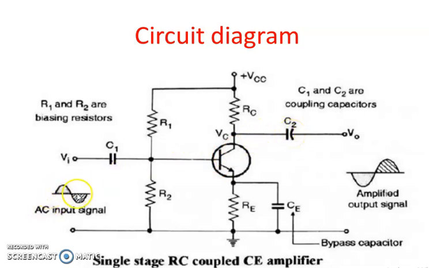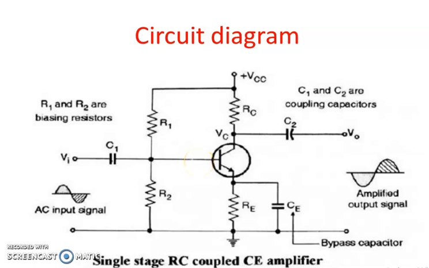As the input voltage varies, the input current will also vary proportionally, and since it is common emitter configuration, the output current IC is equal to beta times IB. The value of beta ranges from 100 to 500. So the value of IC will increase proportionally with the input current IB.